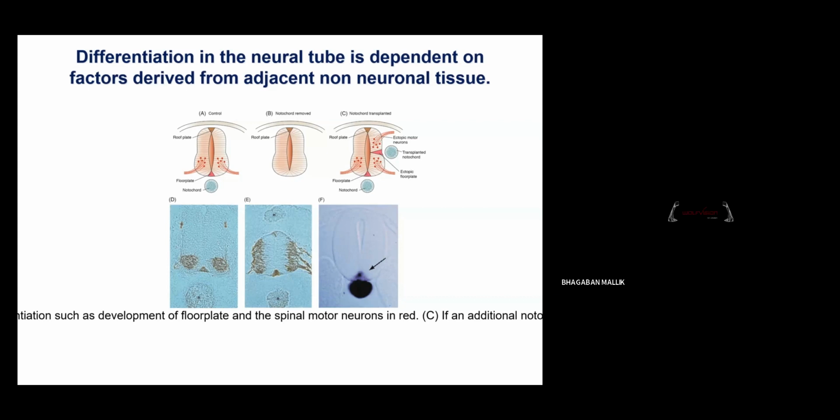So this is a set of experiments people have done to show the importance of the notochord. When the notochord is lost, you don't have formation of the floor plate, and you don't have formation of spinal motor neurons. But when you transplant the notochord to another side of the dorso-ventral axis, you see formation of a floor plate and ectopic formation of motor neurons, which suggests that the notochord plays an important role in dorso-ventral patterning and development of the spinal motor neurons.